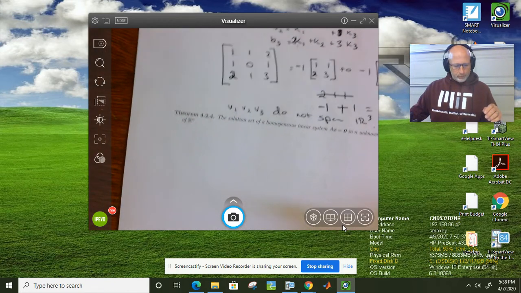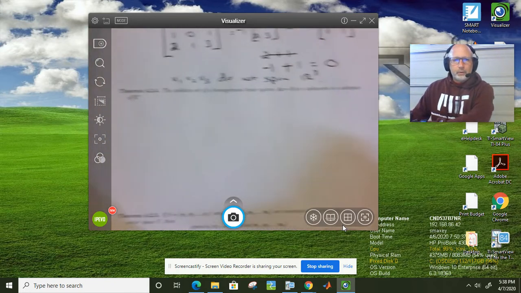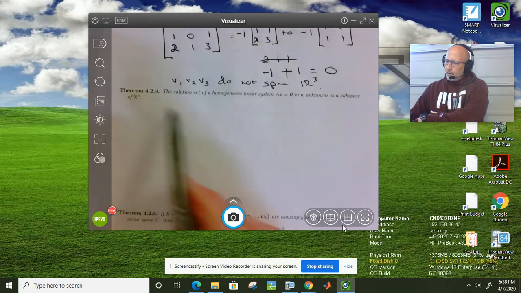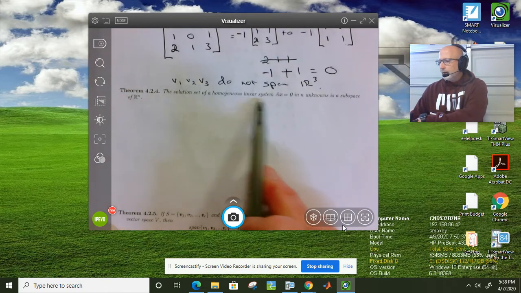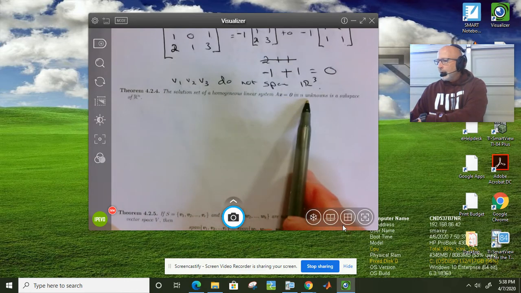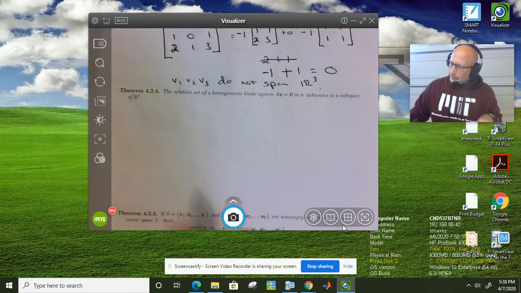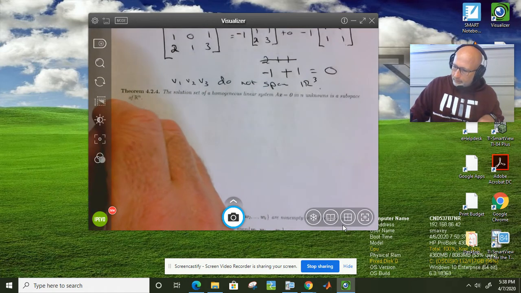Okay, last two theorems. The very last theorem is already written out, so there's nothing to go over. Theorem 4.2.4. The solution set of a homogeneous linear equation Ax equals 0 in n unknowns is a subspace of Rn. Okay, so we're going to go ahead and prove this.